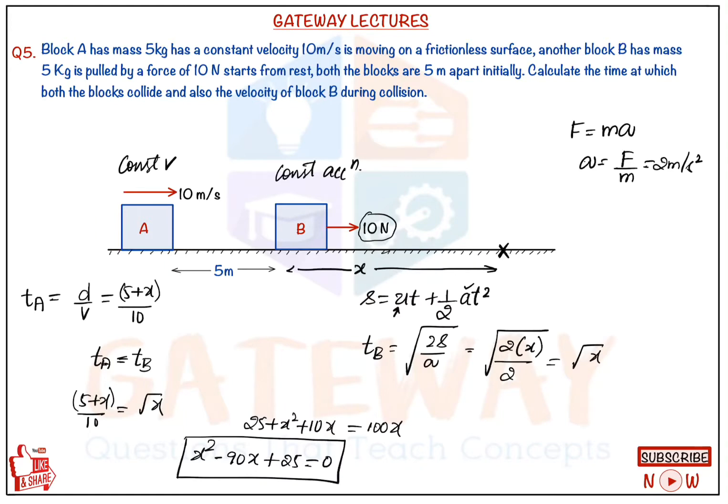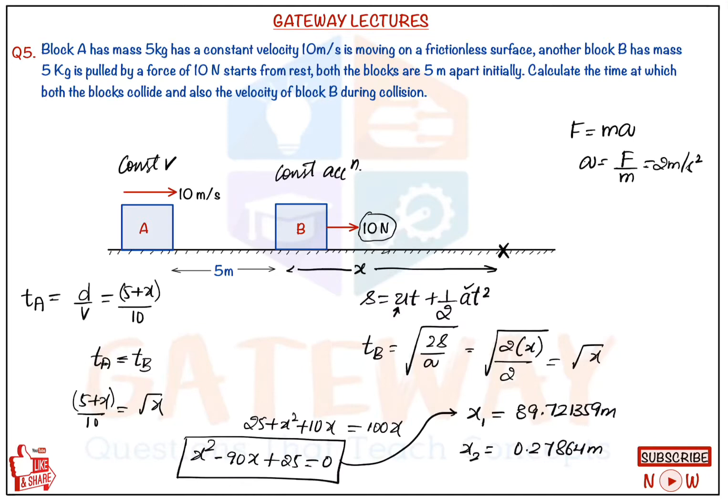After solving, generally a quadratic equation has two roots. One root we get on the calculator as 89.721359 meters, and the other root, calling them x1 and x2, is 0.27864 meters.